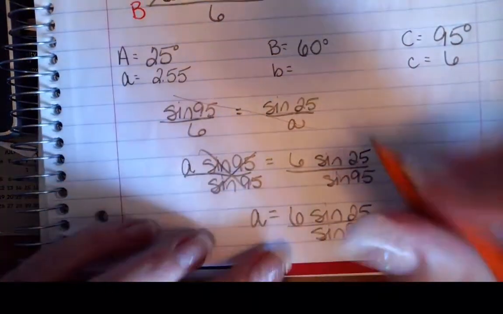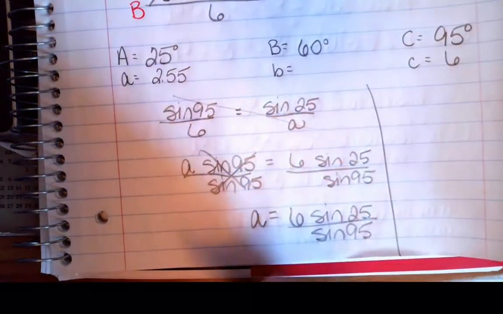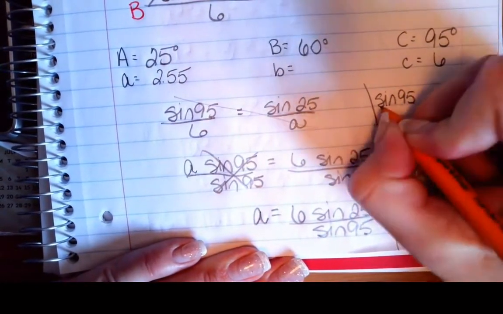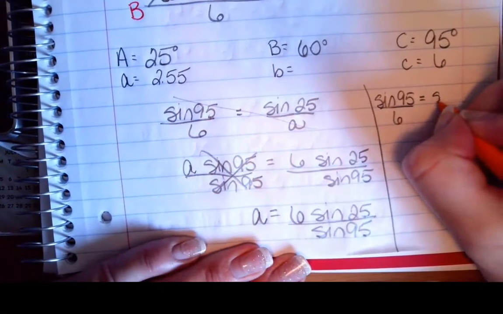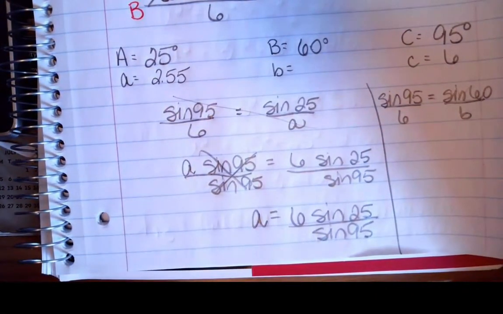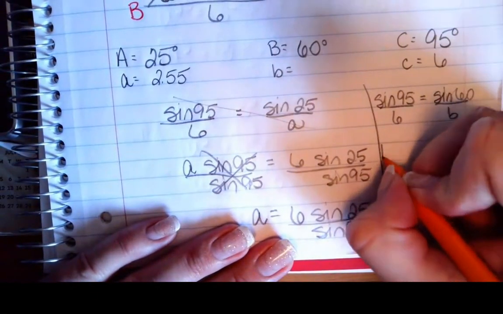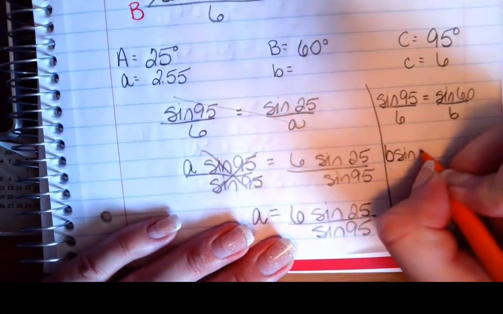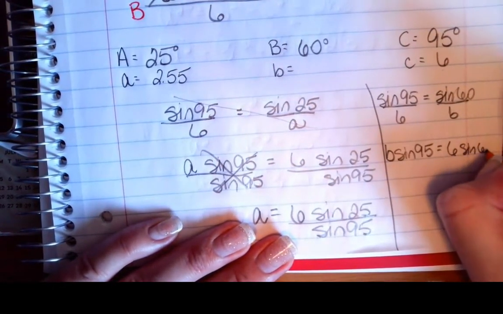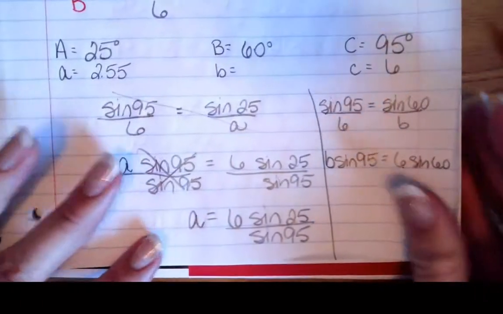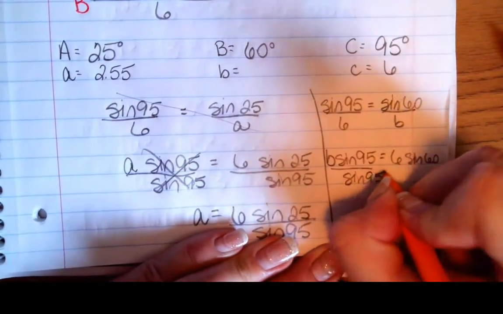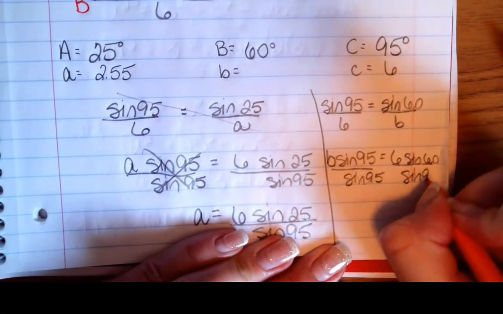Okay, so I'm going to learn to write closer to the left margin. I've got the sine of 95 over 6 is going to equal the sine of 60 over little b. Cross multiply: b times the sine of 95 equals 6 times the sine of 60. Then I'm going to divide both sides by the sine of 95.